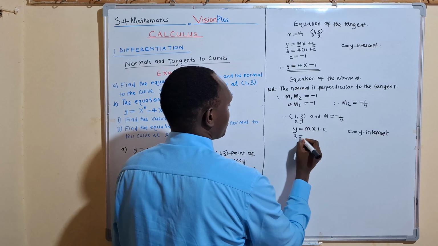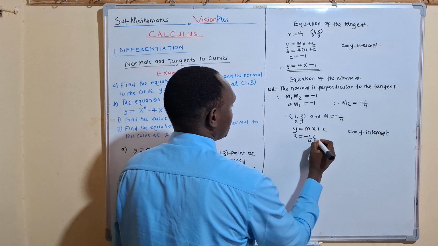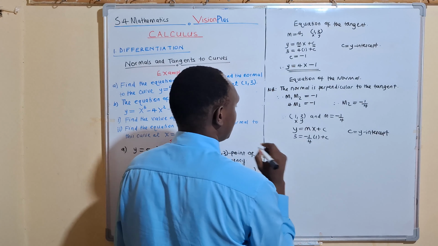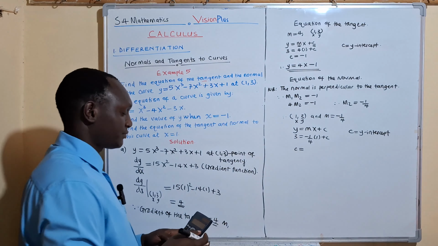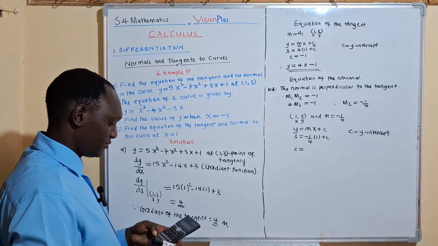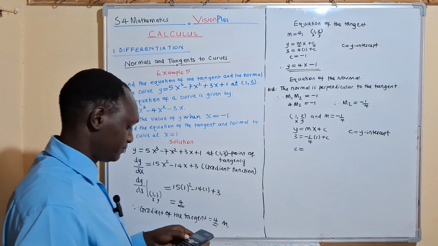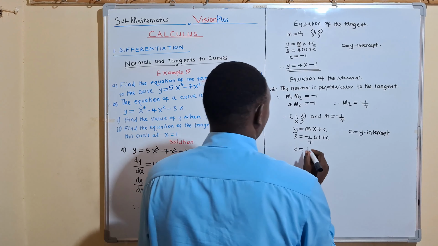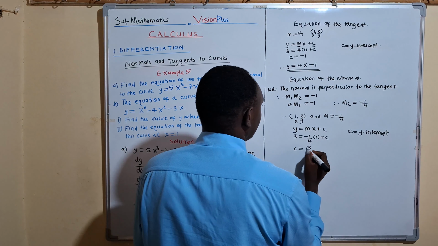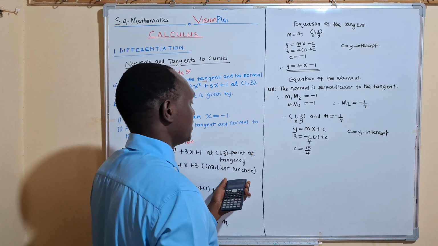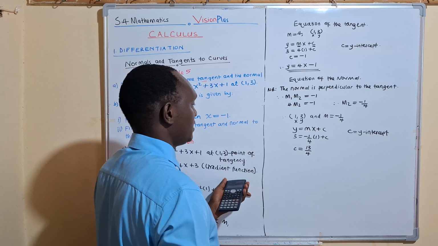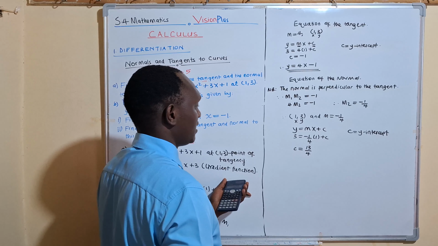So 3 equals negative 1 out of 4 times 1 plus c. That means our c becomes 1 divided by 4 plus 3, which is 13 out of 4. When you make c the subject of the formula, you get 13 out of 4.